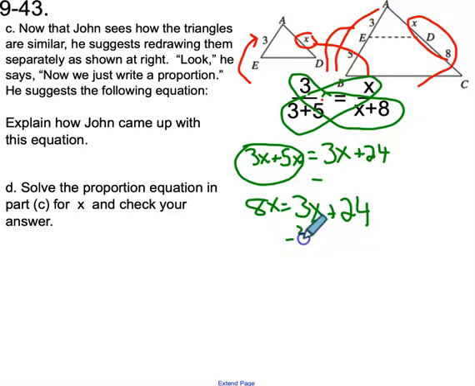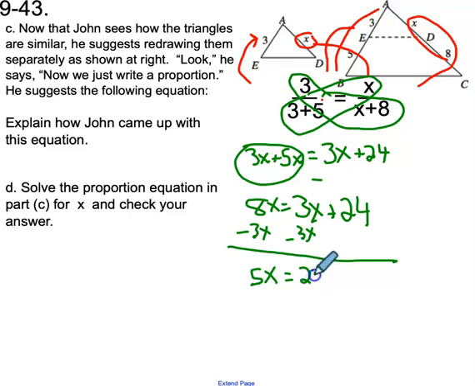Now we can subtract 3x from this side. Is that what you get? Yep. Did you get 5x? What did you get on the other side? If you said it's 24, yep.